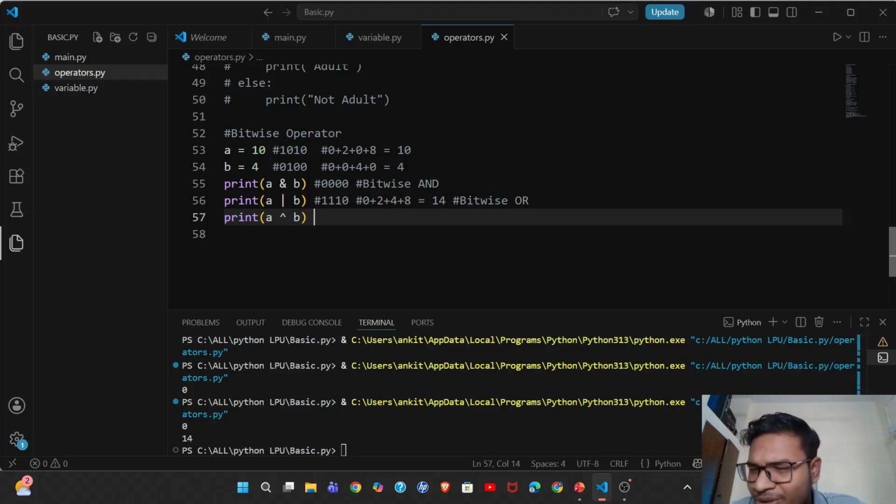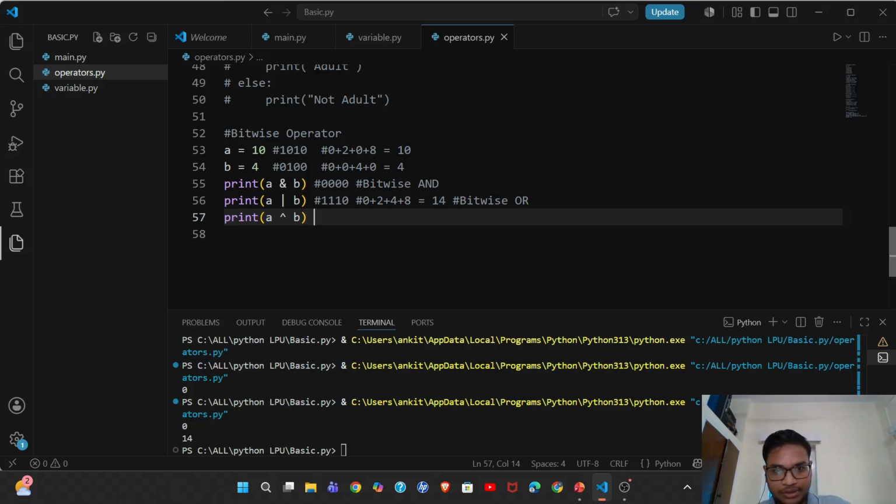Simple one. If both bits are 0, the value is 0. If both bits are different, like 1, 0 or 0, 1, then the value is 1.